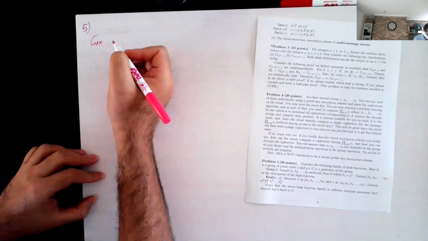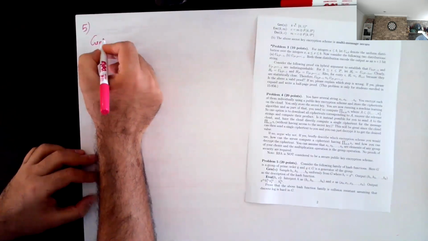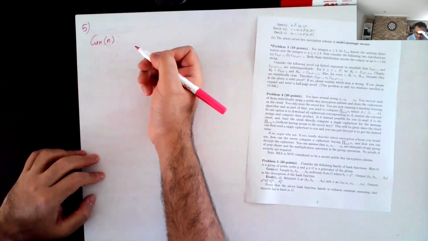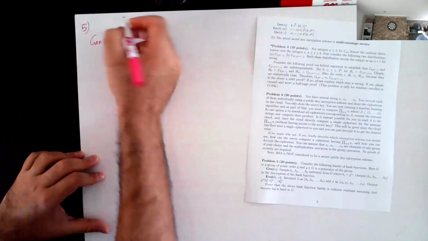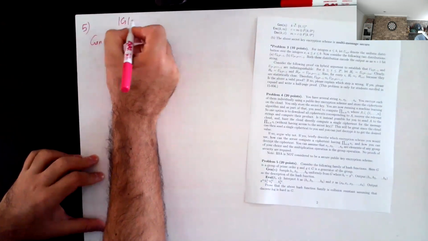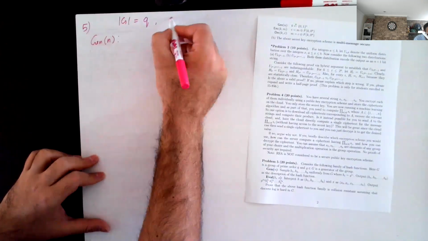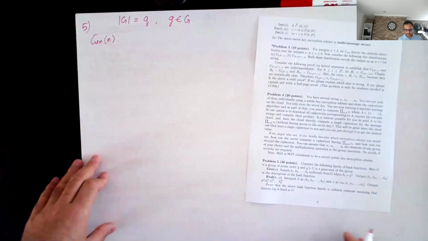You have the procedure for generating the hash function. Here you are given that the order of the group is q and g is a generator of this group.